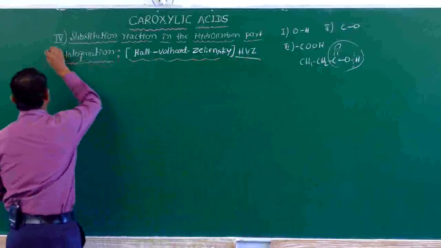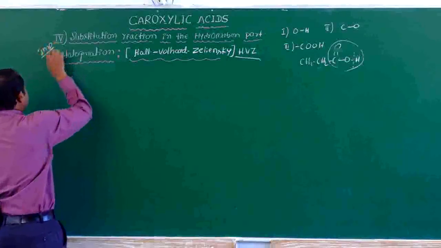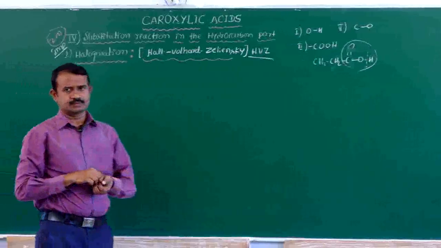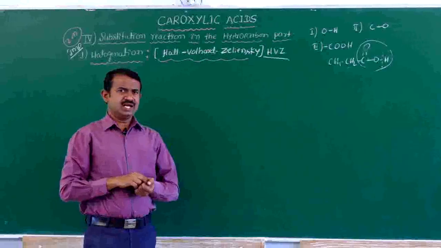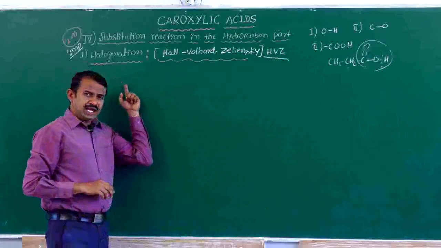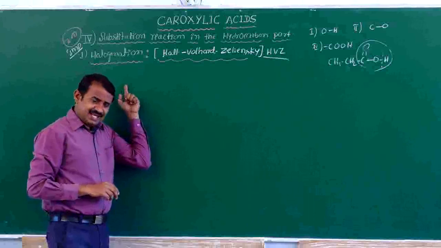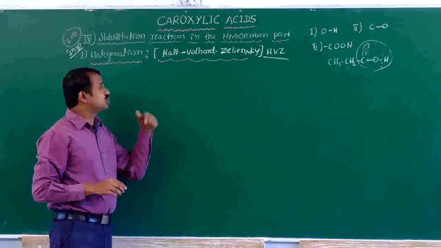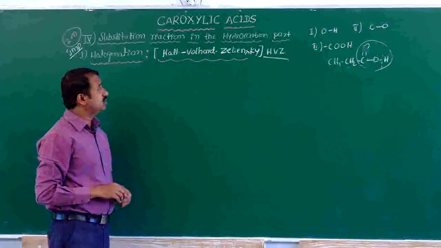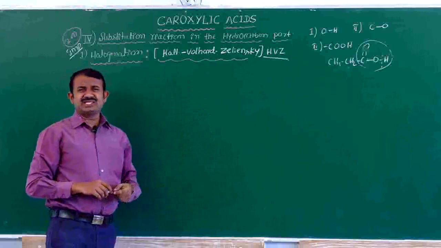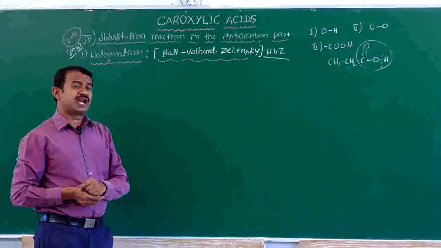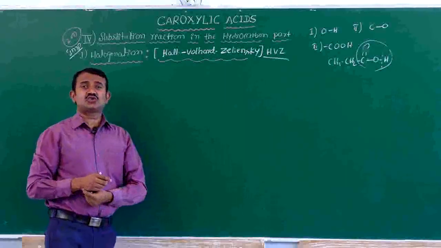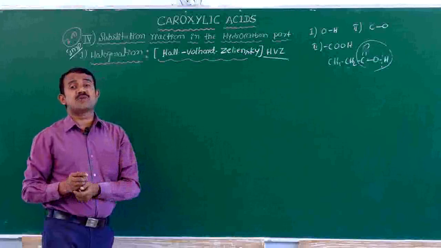This is important. Explain HVZ reaction. When carboxylic acid reacts with halogen in the presence of a small quantity of red phosphorus, the halogen is attached to the alpha position, giving alpha halocarboxylic acid.